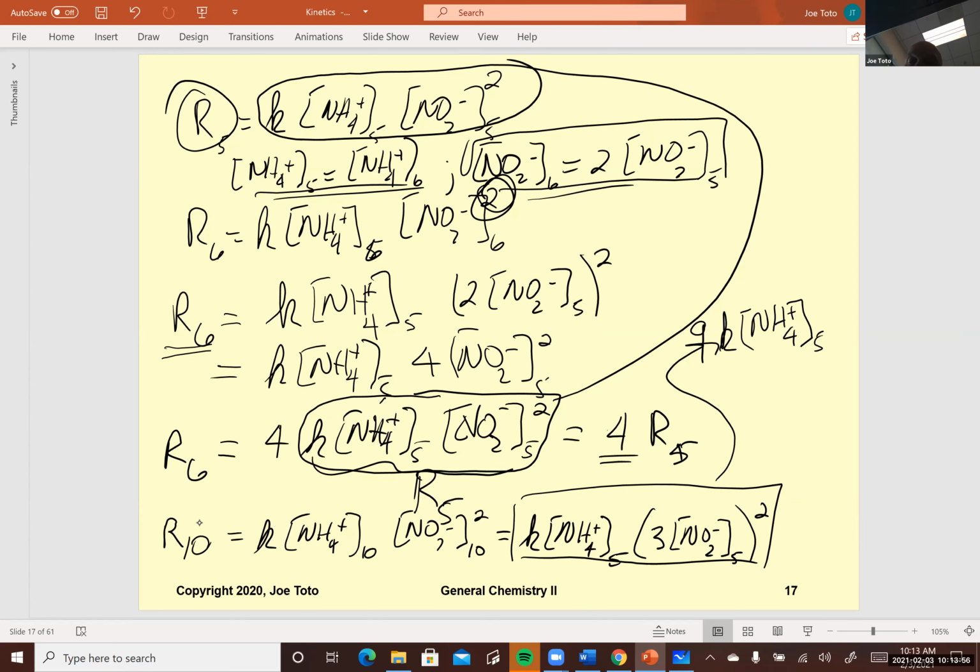And then I'll have this other part, NO2 minus squared in 5, which is the rate for 5. So I see that the rate for 10 is going to equal 9 times the rate for 5.